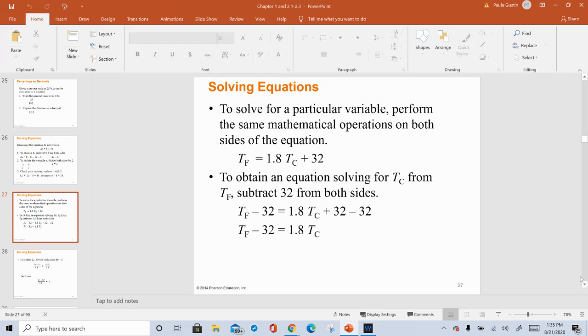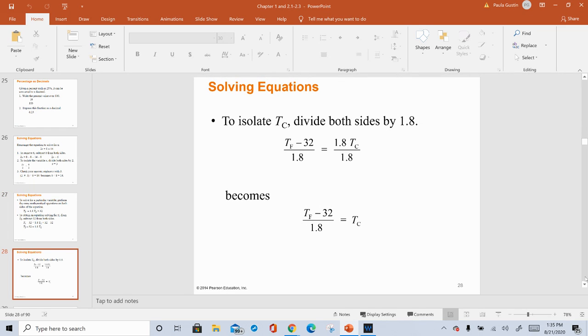Our first step would be to subtract 32 from both sides, and you end up with temperature Fahrenheit minus 32 equals 1.8 times temperature Celsius. Then to isolate temperature Celsius, you would divide both sides by 1.8. So our ultimate equation: temperature Celsius equals temperature Fahrenheit minus 32, divided by 1.8.